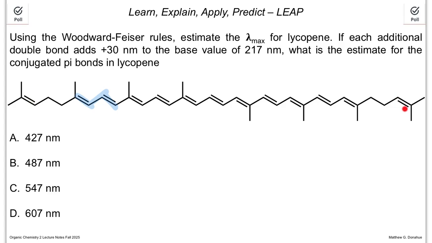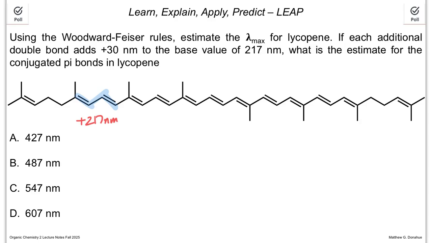They are not conjugated because there's sp3 hybridized carbons separating them. So we're starting from the 217. It says each additional double bond adds +30. What would we estimate on our first approximation for just the double bonds adding?